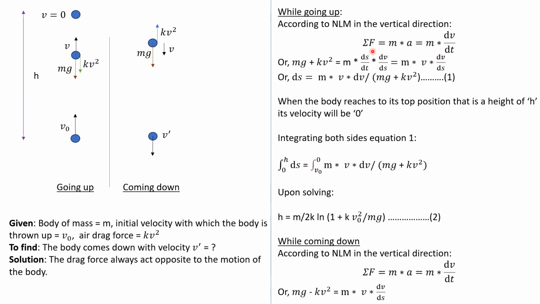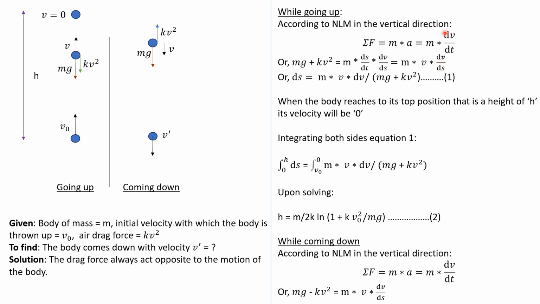That will be equal to m dv by dt, and we can multiply and divide by displacement ds. So ds by dt will be v, and the remaining part will be dv by ds.